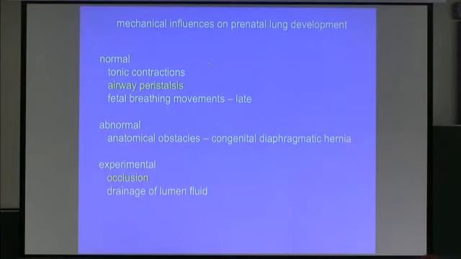I'm not going to get into the details of all of them given the time available, but essentially normal development, not just of lungs, but even limbs. Why do babies kick? Because they need to develop their musculoskeletal systems, and if they're impaired in their kicking, if there's nerve damage so that they can't kick, their musculoskeletal systems don't develop properly.